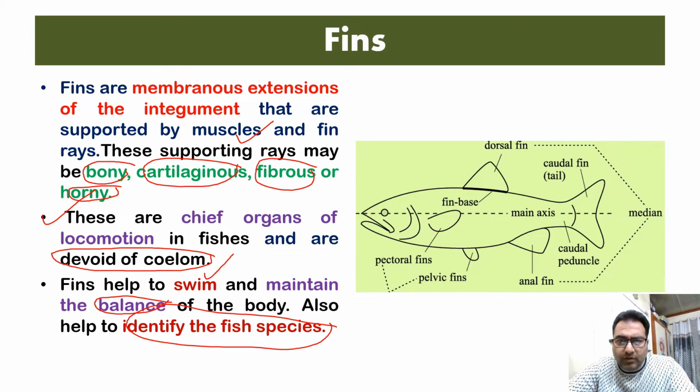Before we move, let us have a little idea, for those who are new to this subject, of the position of the fins. This is the dorsal side of the fish, and this is the ventral side. The fins on the dorsal side are called the dorsal fins.